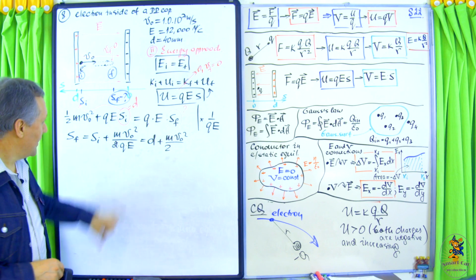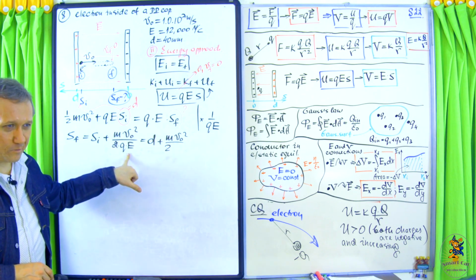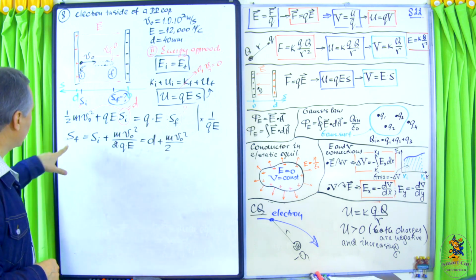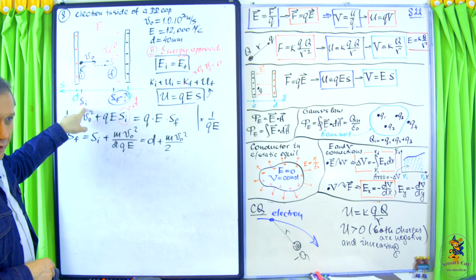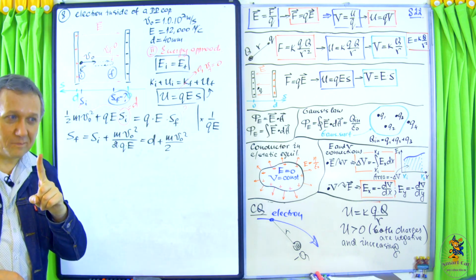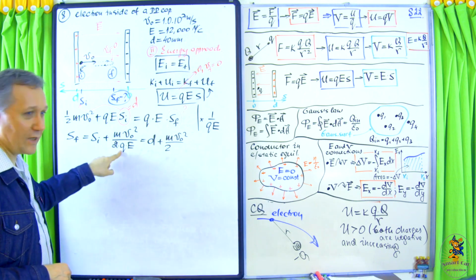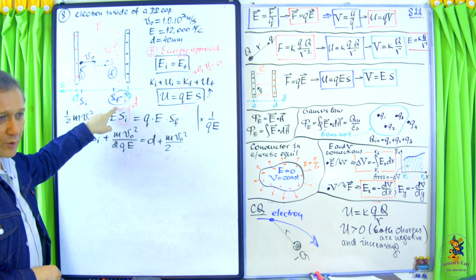Quick question. This term, is it going to be positive or negative? We're trying to find this S final, which is supposed to be less than S initial, because S is increasing this way. So it would be negative? Yes, it must be negative, because something must be subtracted from S initial to get the smaller value of S.